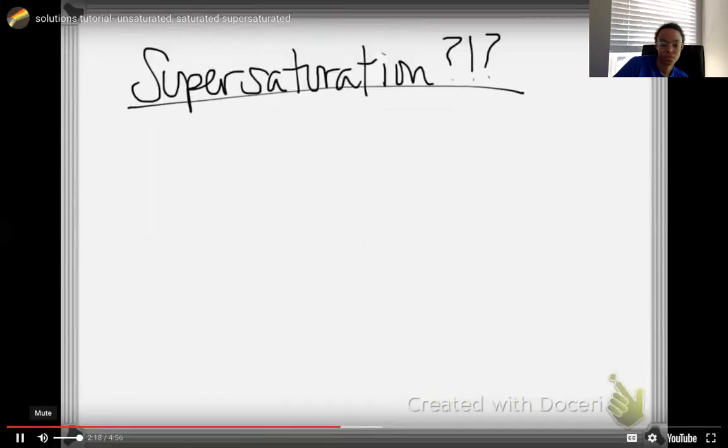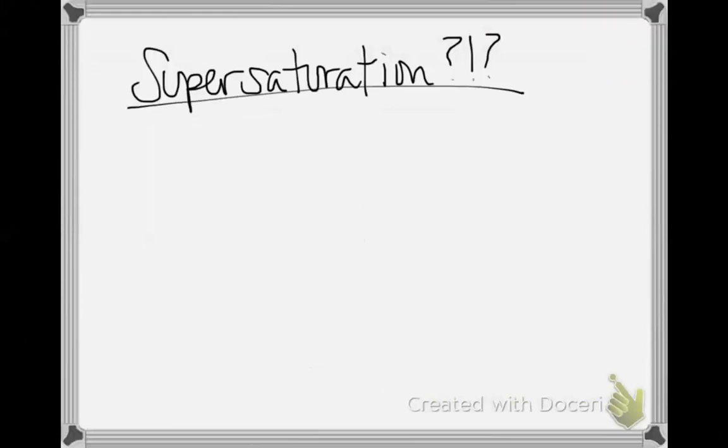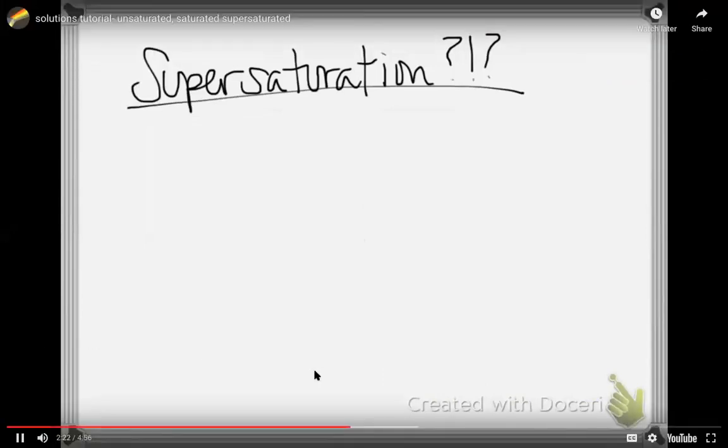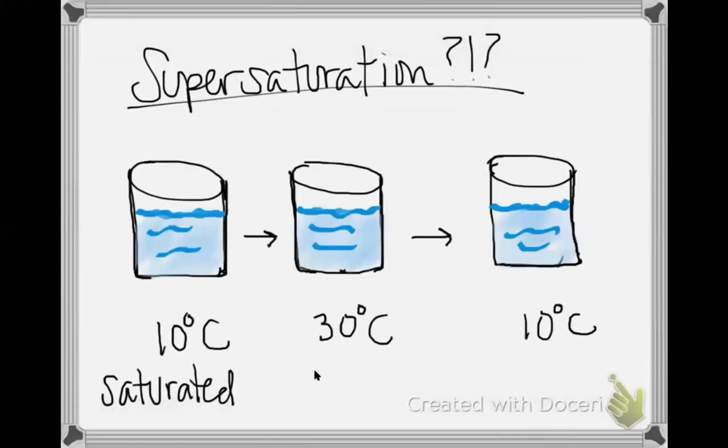One more term. Let's look carefully at what supersaturation really means. Let's say that I have a solution that's saturated at 10 degrees Celsius. I've got all the solute in there that the solution can possibly dissolve. It can't take another molecule. Well, what if I heat the solution to 30 degrees Celsius? And now it's got a larger capacity for dissolving solute.